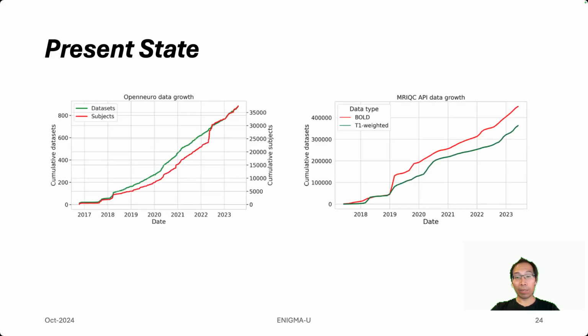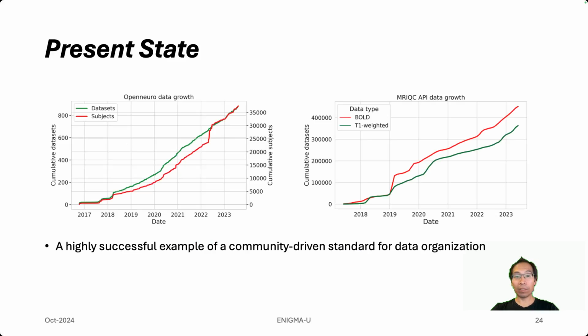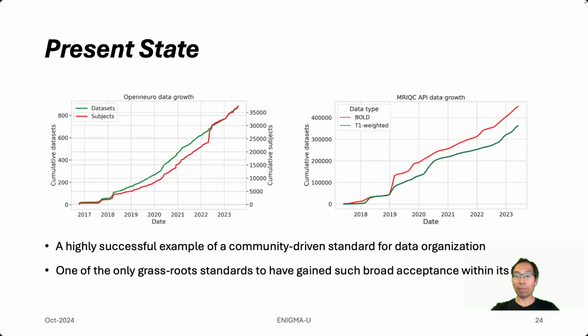Second, the growth rates have increased in recent years. Therefore, this is a highly successful example of a community-driven standard for data organization. It is also one of the only grassroots standards to have gained such broad acceptance within this field.